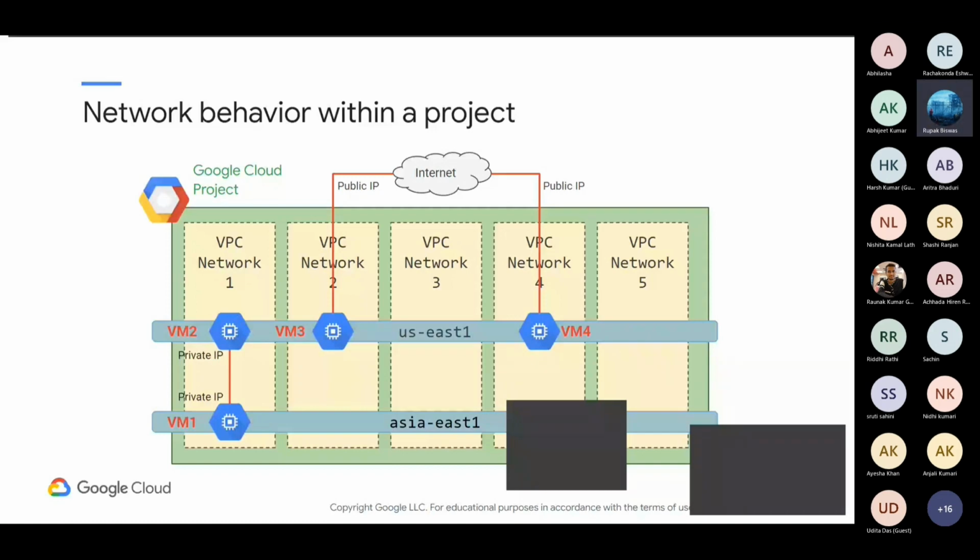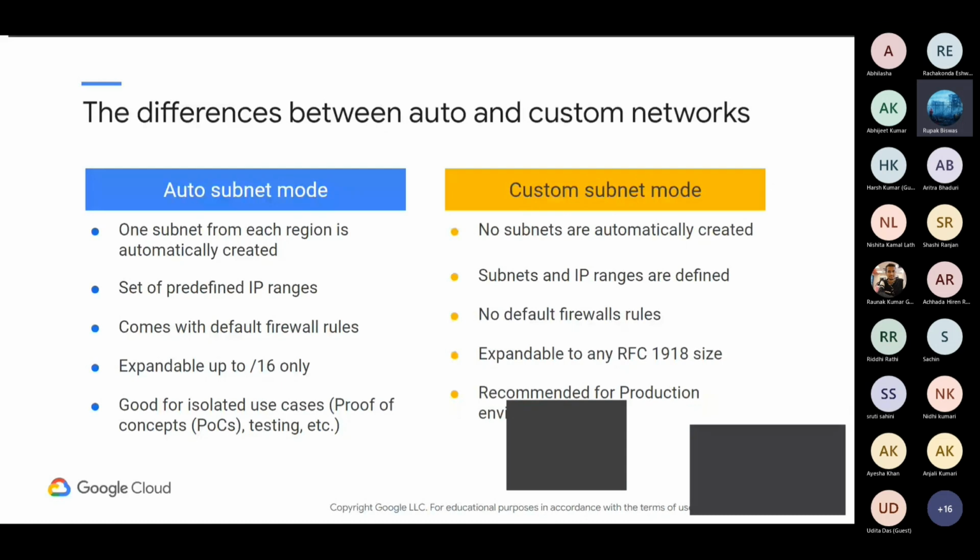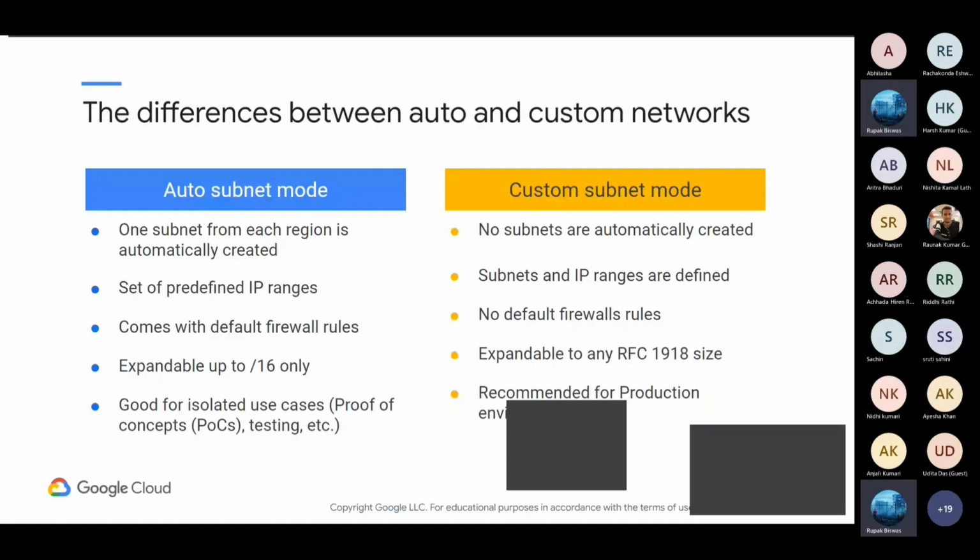So the subnet. There are 2 subnet modes. One is auto subnet mode, and another is custom subnet mode. The auto subnet mode, as the name suggests, is created automatically, and these have some predefined set of IP ranges, come with some default firewall rules, and are expandable up to 16 only.